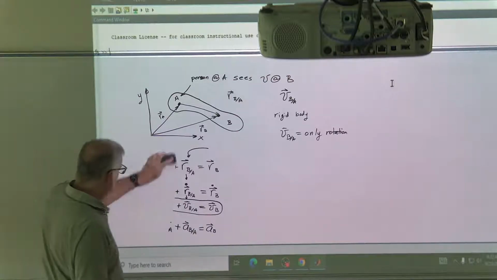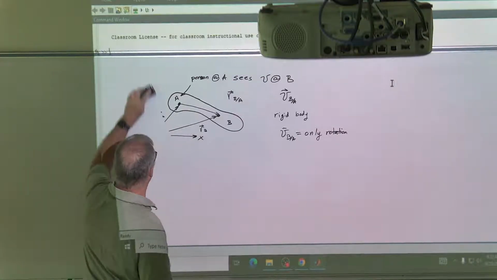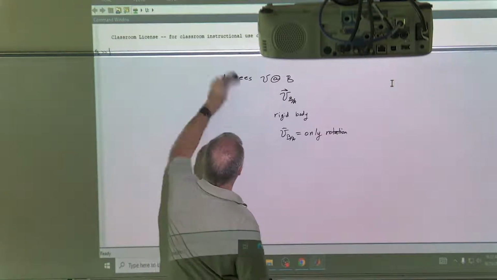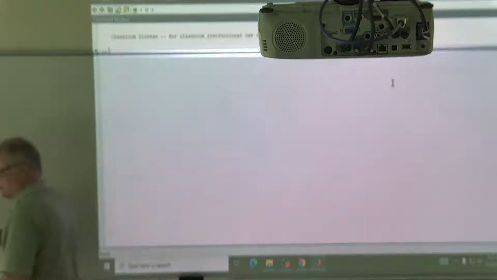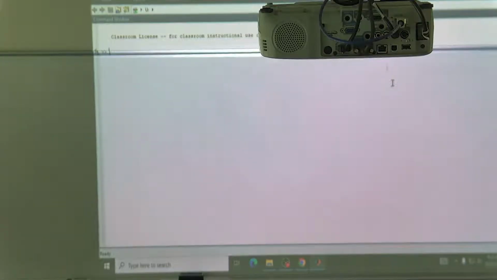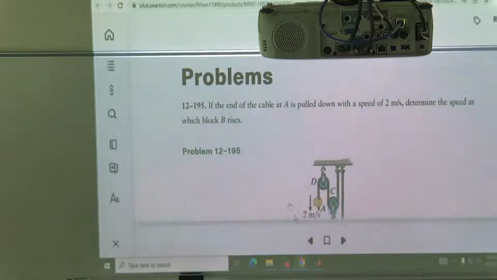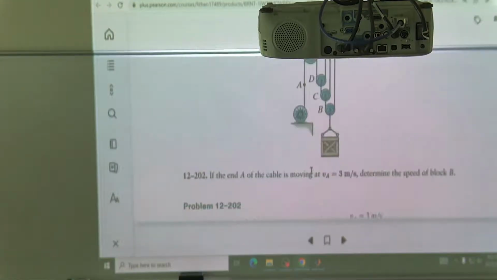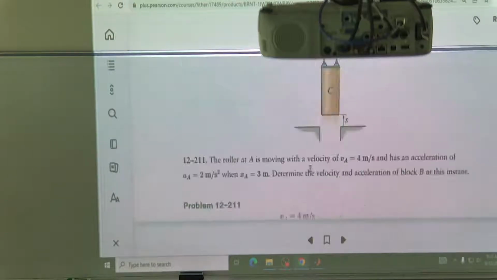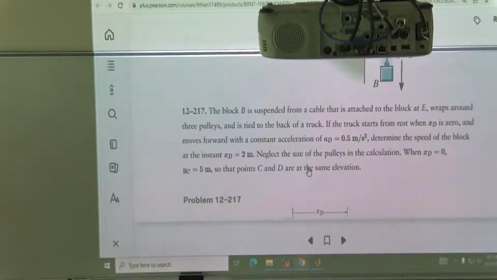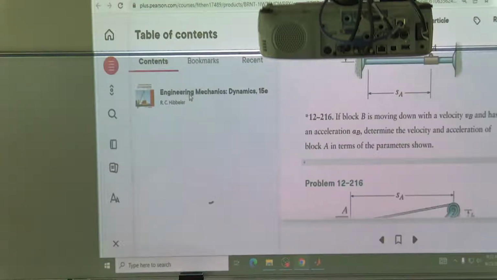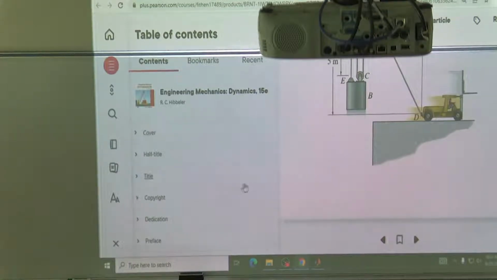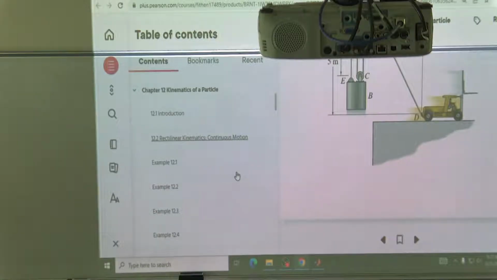Now he's got problems that relate to that. Let me find one of them, since I've got the book up, and I think I assigned one of these. I do not remember the number, but I can just roll down till I find it. I can recognize the picture. Oh, that's right, he's broken them up differently here.